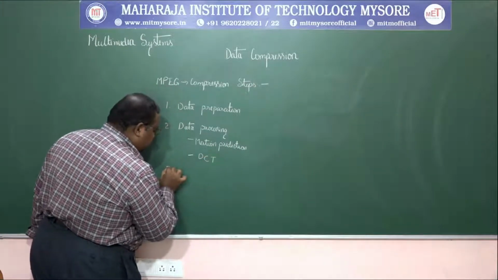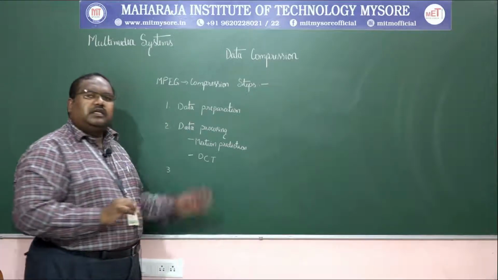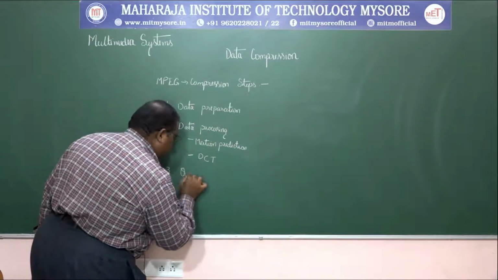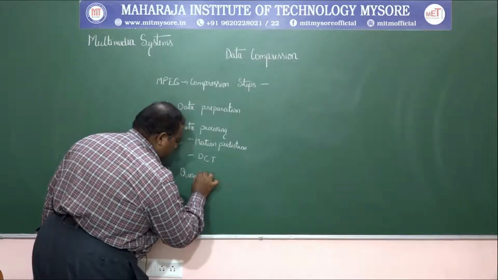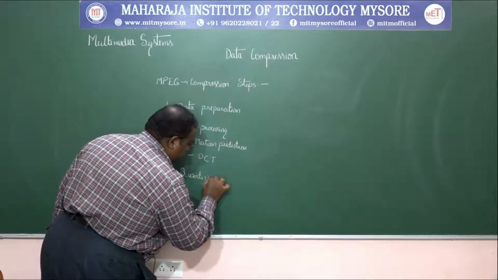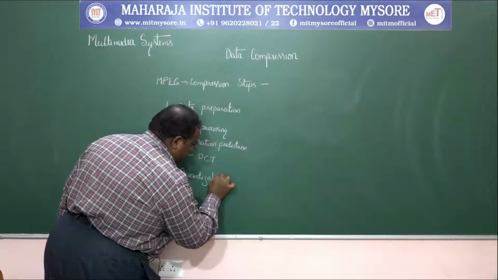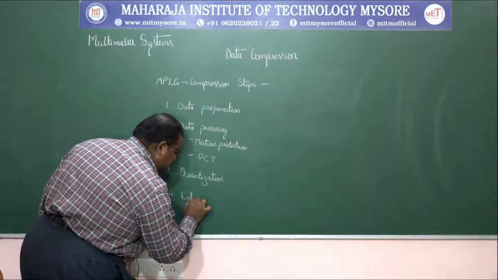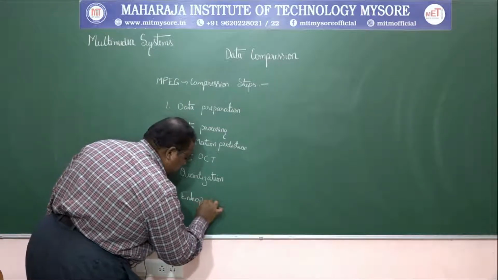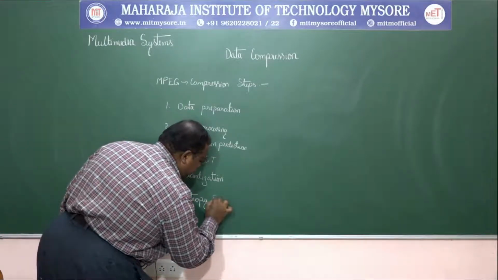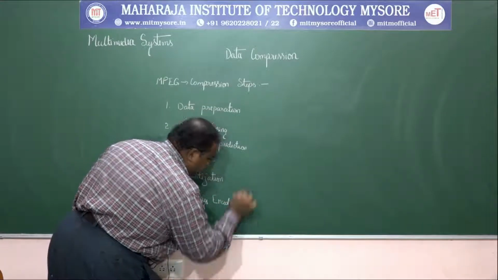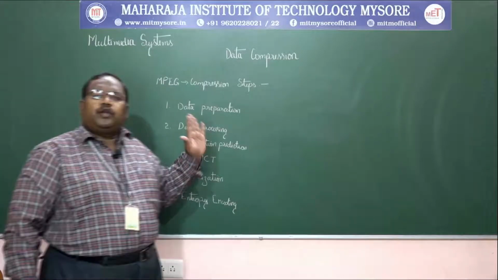The third step is the quantization. The fourth one is entropy encoding. So we'll look into each step.